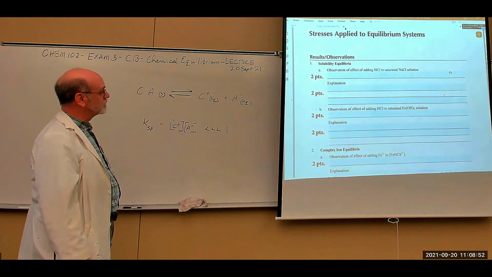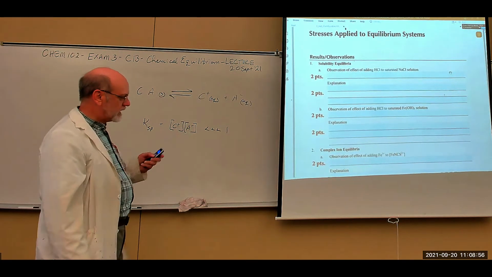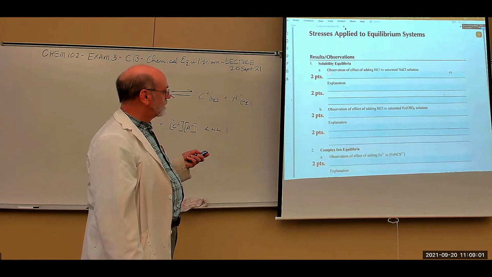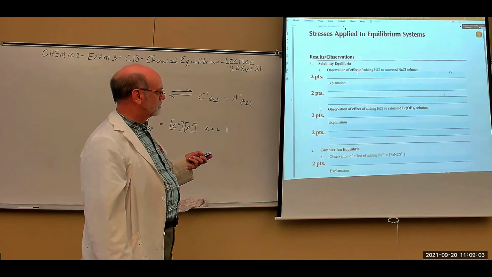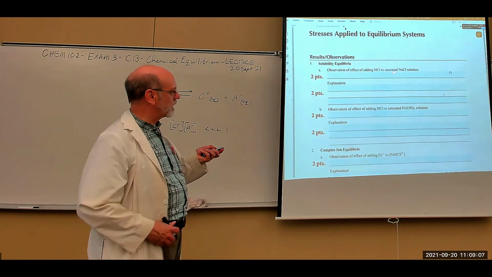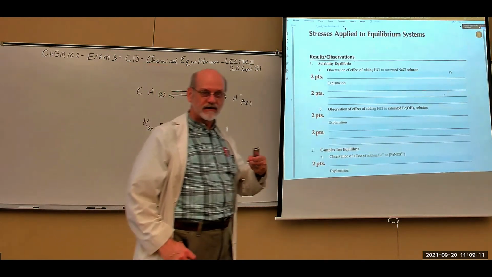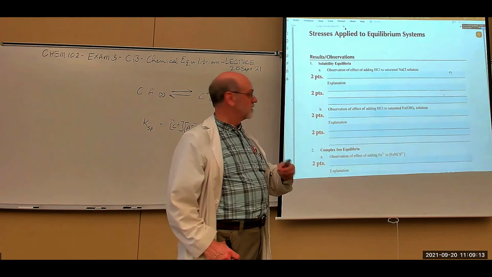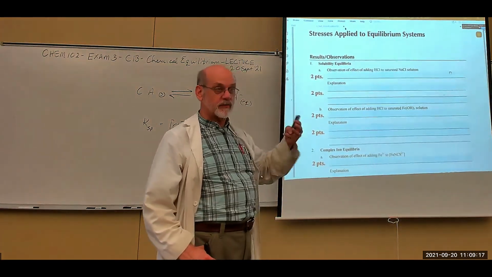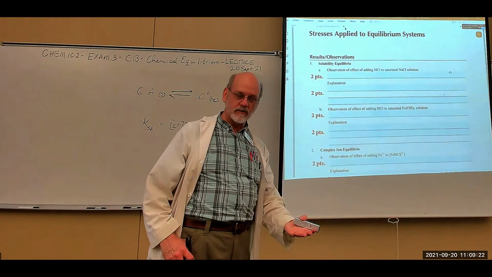Okay, so those are the pre-labs. These are the results. And in order to get the information to go in these results, what did you observe? And this is the same for every one of them. Observe the effect of adding hydrochloric acid to saturated sodium chloride. What did you actually see? For instance, when you do that to a saturated solution, you see a precipitate. You see more sodium chloride settling to the bottom of your container.